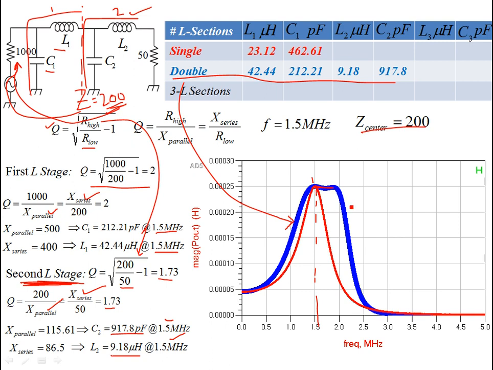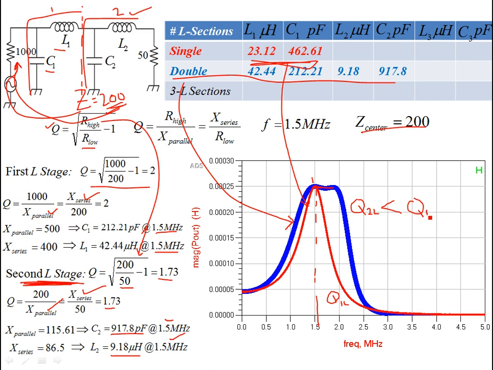This is your Q2L, and the red one was for Q1L. These red values are for this curve. So Q2L is less than Q1L.